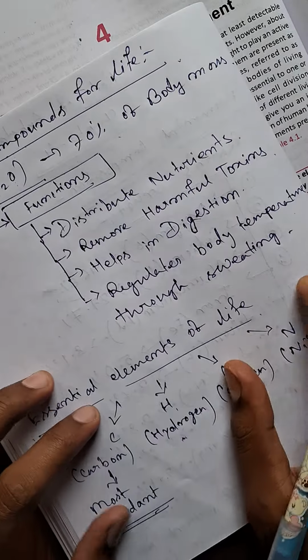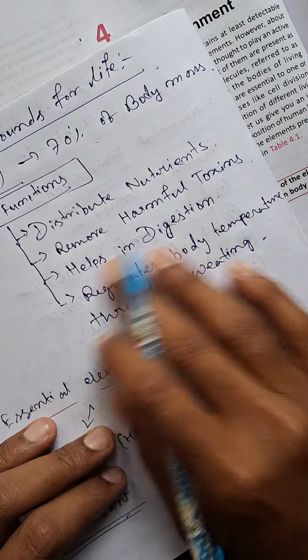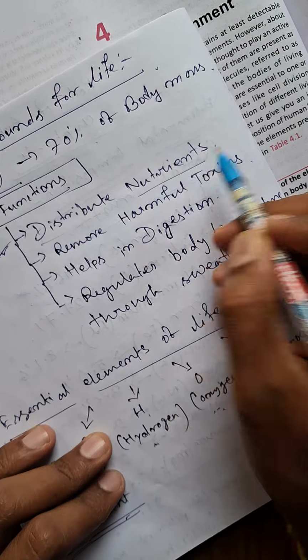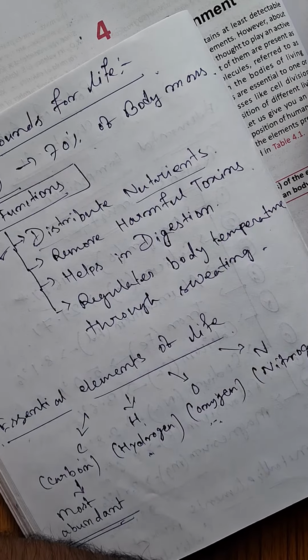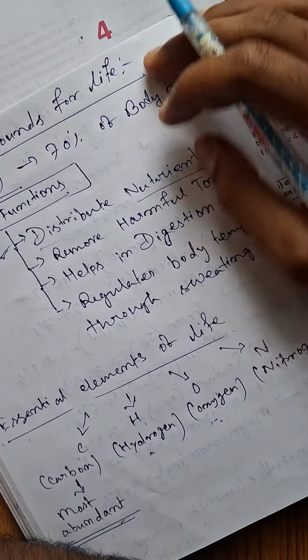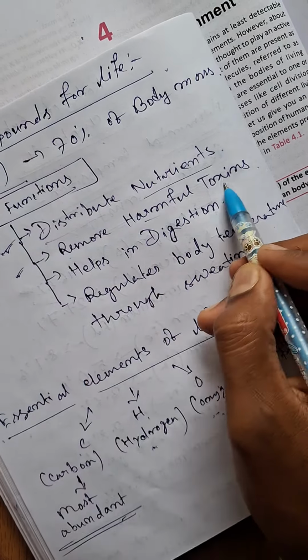You all know a little bit about the major functions of water. First of all, it distributes the nutrients. Water helps to distribute the nutrients which we get from food all over our body, to the cells. Second, it removes harmful toxins.